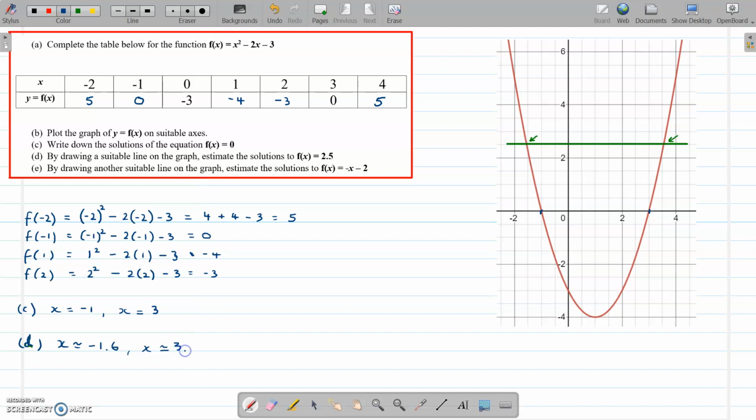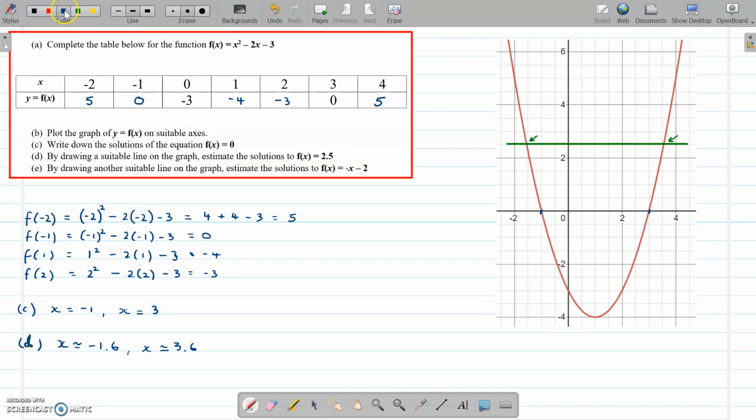Okay, there will be some leeway on this because of your own sketch graph. They allow a tolerance here, but what they'll be looking for is evidence that you've drawn that line on and it's the correct line.